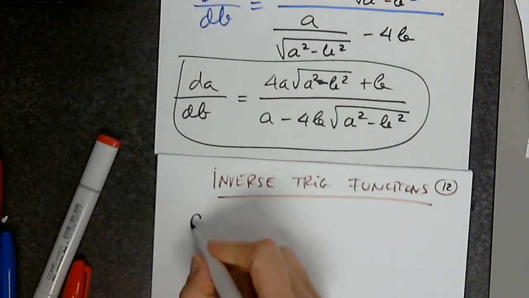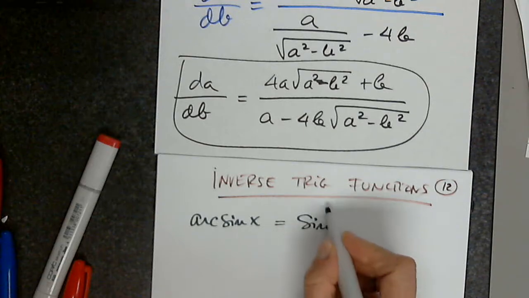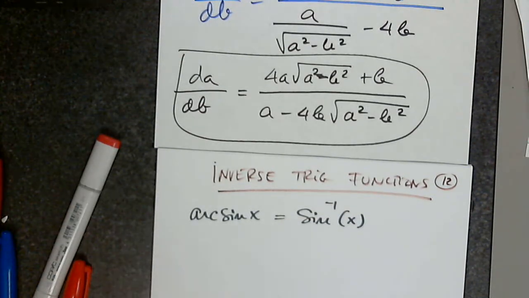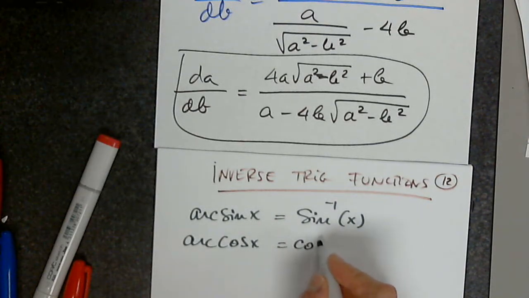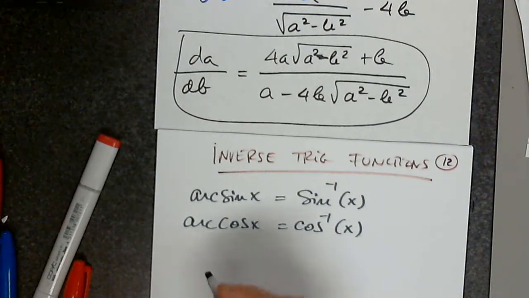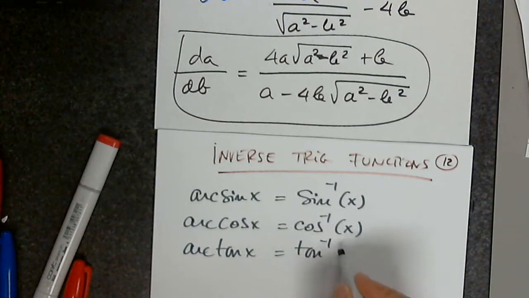So we know arc sine x, also denoted by sine inverse x. We know arc cosine x, also known as cosine inverse x. Arc tangent as tangent inverse.